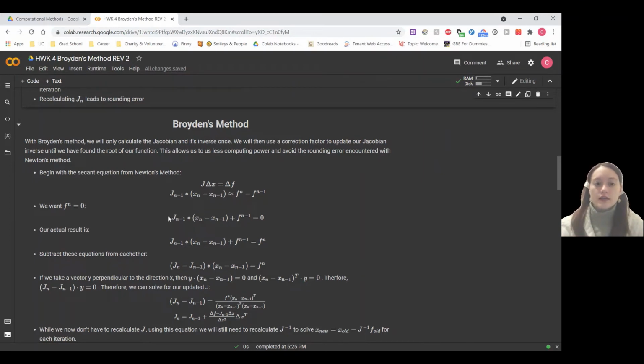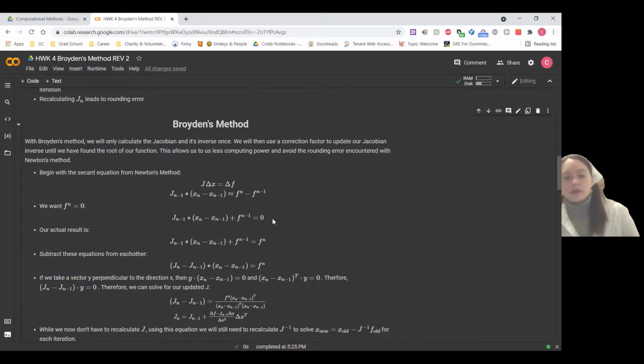So if we plug that in, we can then get this equation: J_{n-1} times delta x plus f_{n-1} equals 0. But we know that for our first iteration, that's probably not what's going to happen. Instead of getting 0, we're probably going to get this equation equal to f_n.